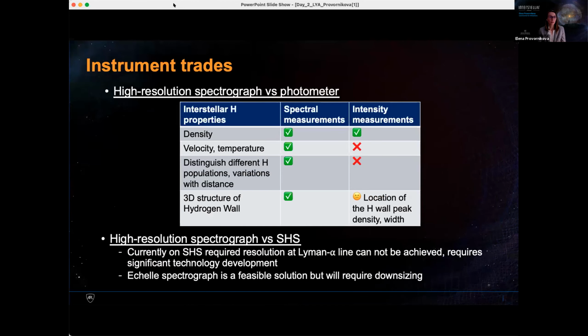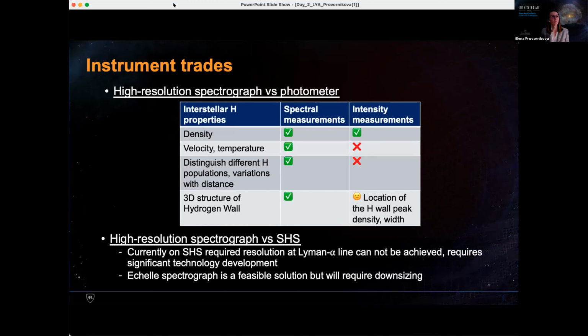Okay, so we looked at instrument trades. The first trade is high resolution spectrograph versus photometer: doing spectral measurements versus doing just intensity measurements. This table nicely summarizes what we can achieve with different types of measurements and instrumentation.